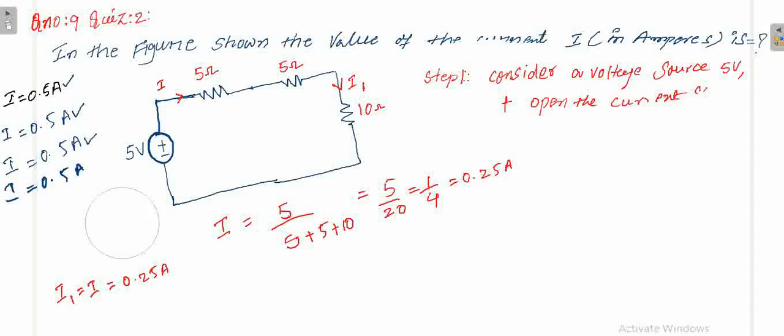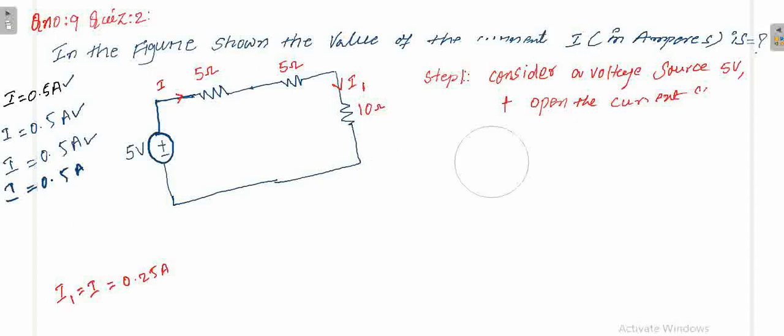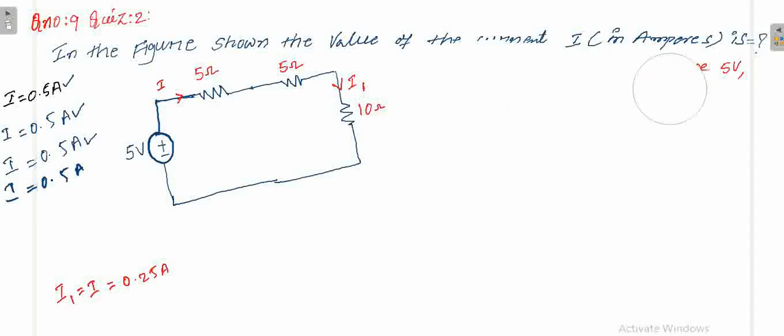Now what you have to do? You have to find the response across your 10 ohms with respect to your current source. So for that we have to go for step 2.